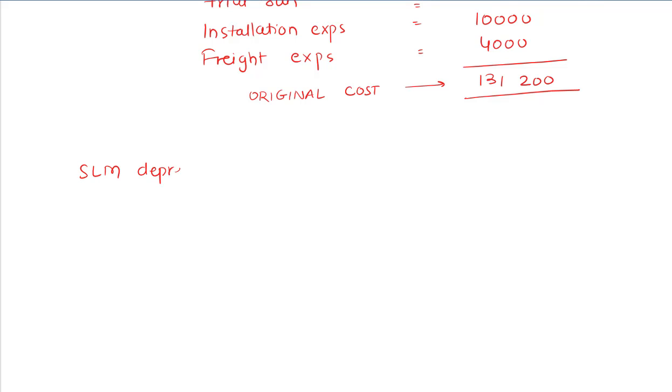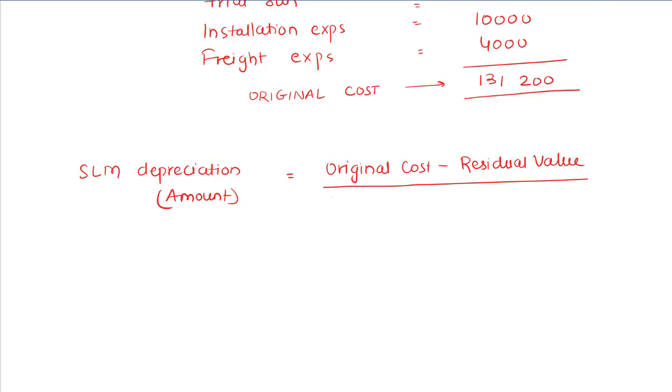SLM depreciation amount. Straight line method depreciation amount equals, what is the formula? Original cost minus residual value, divided by estimated useful life of the machine.